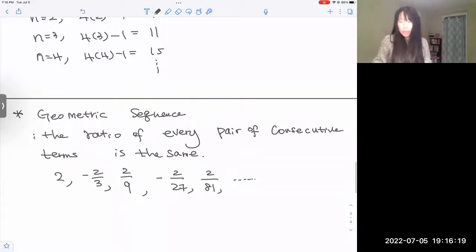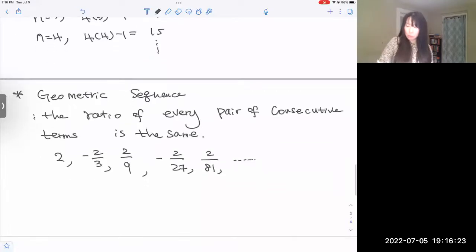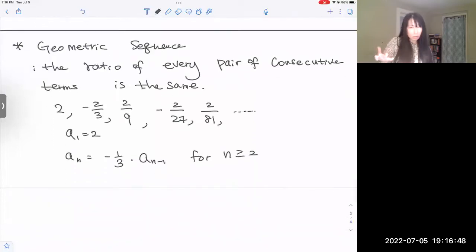Now, the recurrence relation in this case starts at 2. So a sub 1 starts at 2. A sub n equals negative 1/3 times a sub n minus 1 for n greater than or equal to 2. So let's take a look.